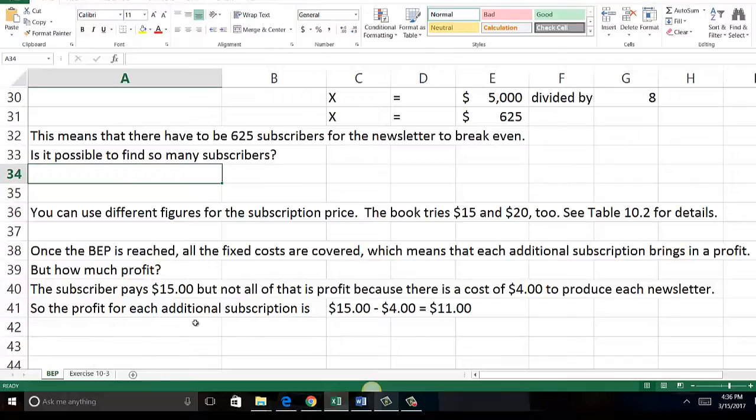So the profit for each additional subscription is $15 minus $4, or $11. So if you got the 625 subscribers, you're just even. In the first example, at the $15 level, you need fewer subscribers. Look it up in the book, exactly how many that is.